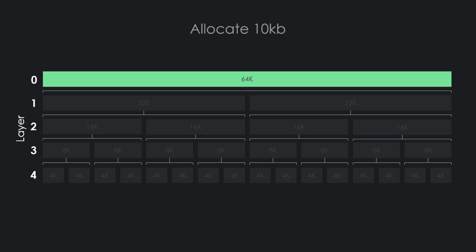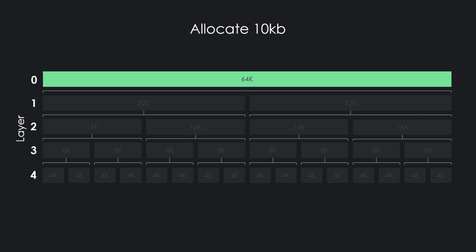The closest size of a block we can allocate is 16 kilobytes, which would correspond to a block on layer 2. Looking at our structure, we don't really have any blocks available on layer 2, so we try to find a block on the layer above. We don't have anything on layer 1 either, so we reach level 0, where we find this large 64 kilobyte block.